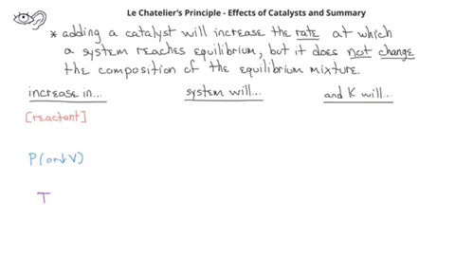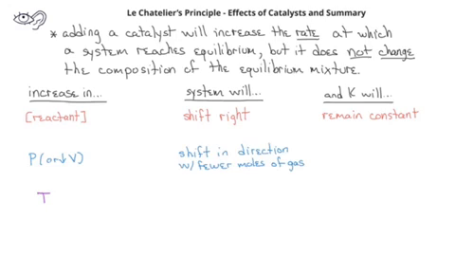If we increase the reactant concentration, the system will shift to the right, and the value of the equilibrium constant will remain constant. If we increase the pressure of a system in equilibrium, the system will shift in the direction of fewer moles of gas, and the value of the equilibrium constant will again remain constant.